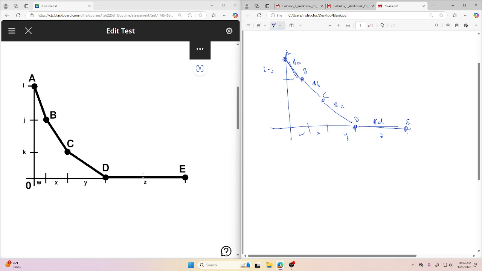To find the distance, I would just subtract them. This distance here is J minus K, and this distance here is just K, isn't it? So when I need to find these straight line distances, I'm going to have to use these values instead. That seems fun, but that'll be fine.